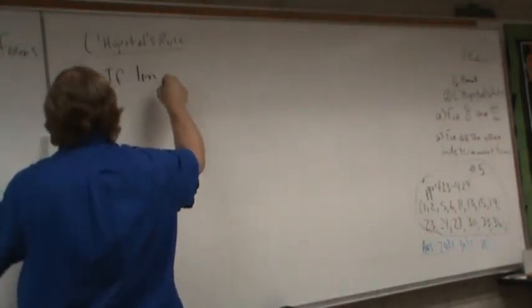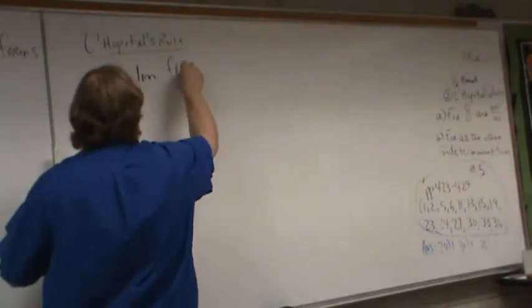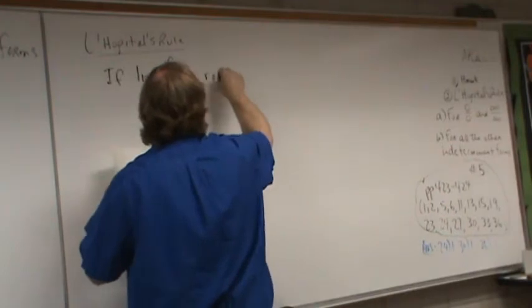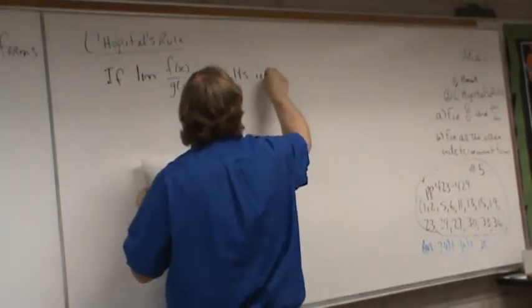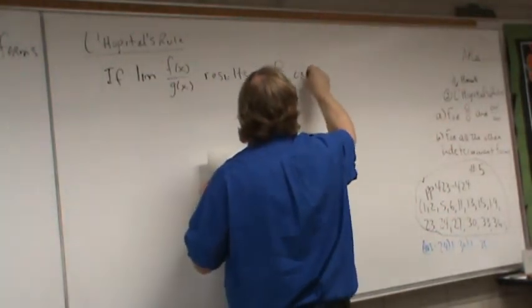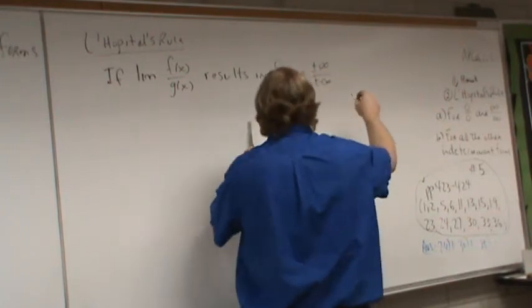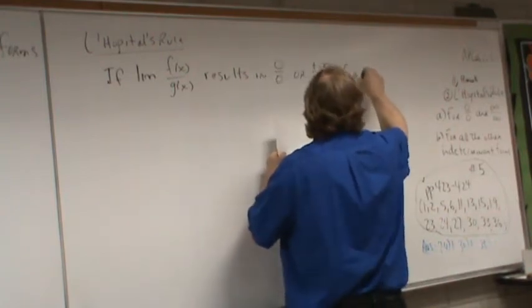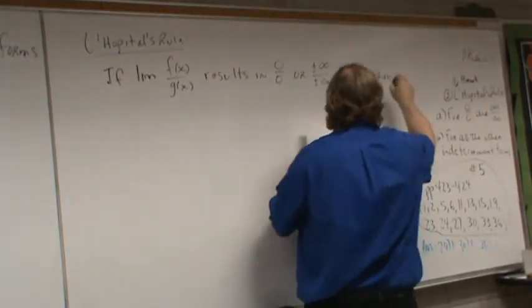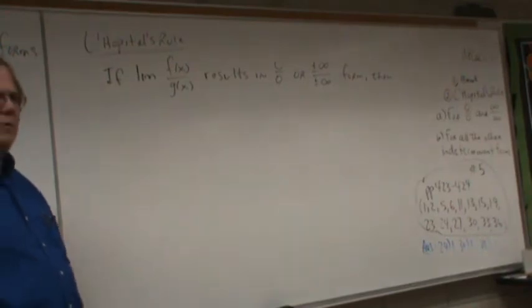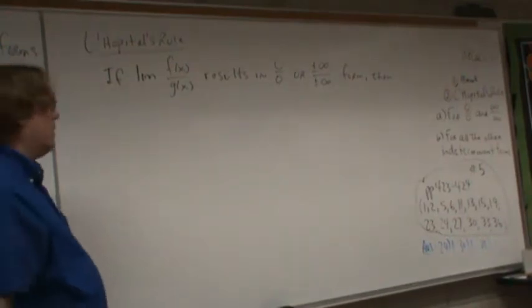If the limit of f of x over g of x results in 0 over 0 or plus or minus infinity over plus or minus infinity form, then we get to do what we always wish the quotient rule allowed us to do.